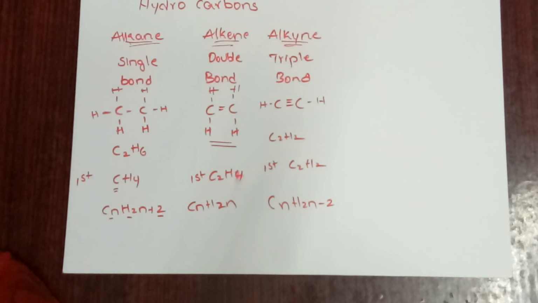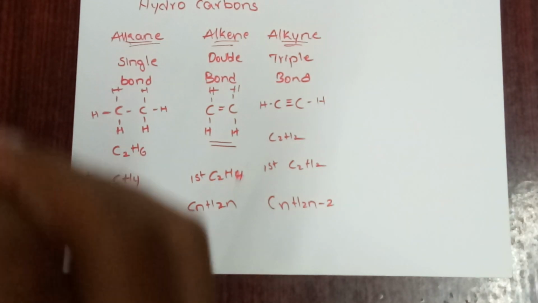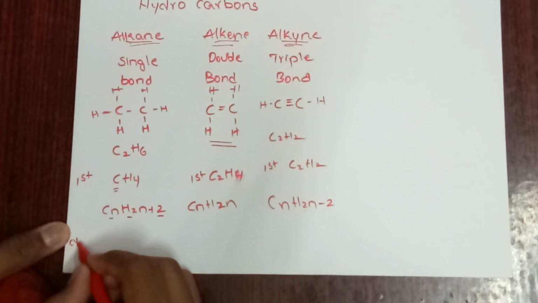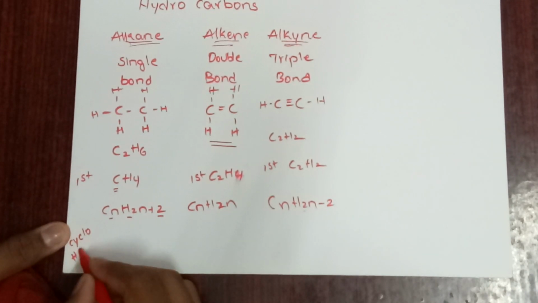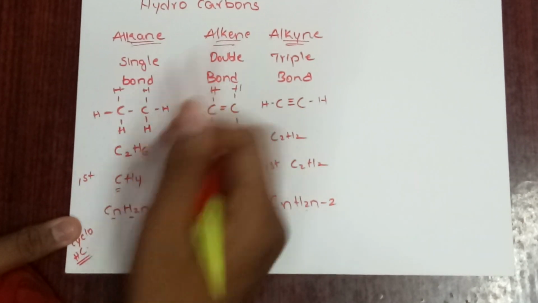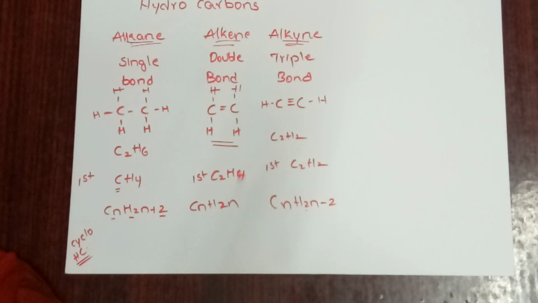That means the number of hydrogen atoms is 2 less than twice the number of carbon atoms. And there are also cyclohydrocarbons, that means cycloalkane, cycloalkene or cycloalkyne. For these we have separate formulas.